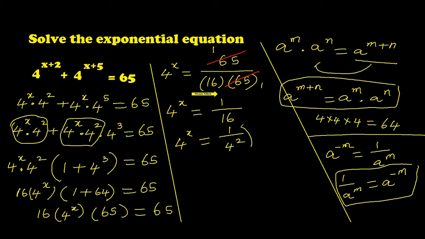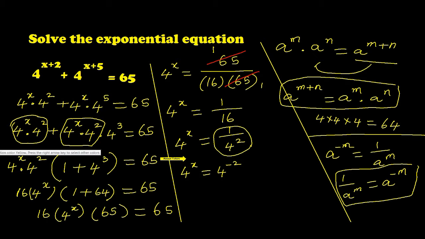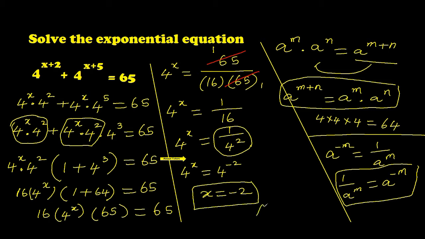So 1 over 4 squared, when you reciprocate it, it will become 4 power negative 2. And whenever the bases are the same in the equation, we can equate the exponents. That is how we get the value of x, which is simply negative 2. This is the final answer.